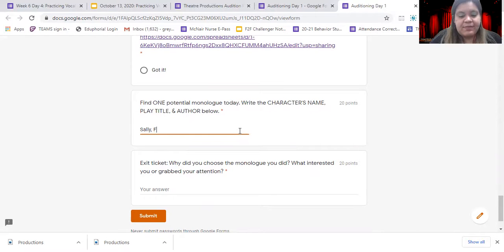It's from the play "You're a Good Man, Charlie Brown," comma, by Clark Gesner is the author of that particular play. And so as you can see, separated by the commas, I have my character's name, which is Sally, the play from, and I have it in quotation marks, "You're a Good Man, Charlie Brown," by Clark Gesner, the author.